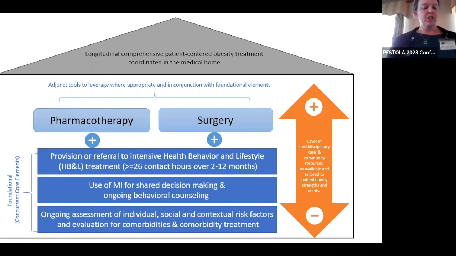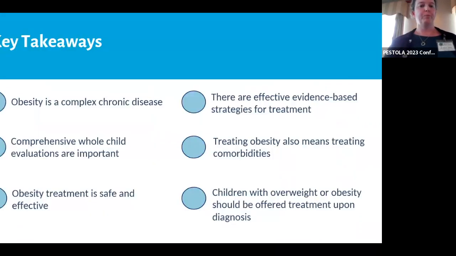It's really the foundation of care. But for some patients, pharmacotherapy and surgery are also treatment interventions that should be offered. Treatment should be individualized and tailored to the family and tap into the resources of those in the community, whether that's referring to pediatric obesity specialists, other specialists, or community resources as well.